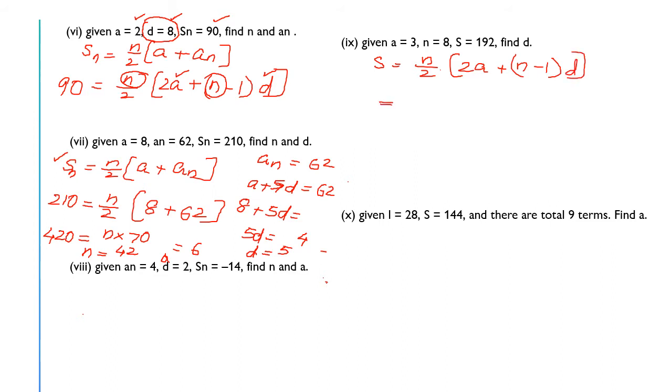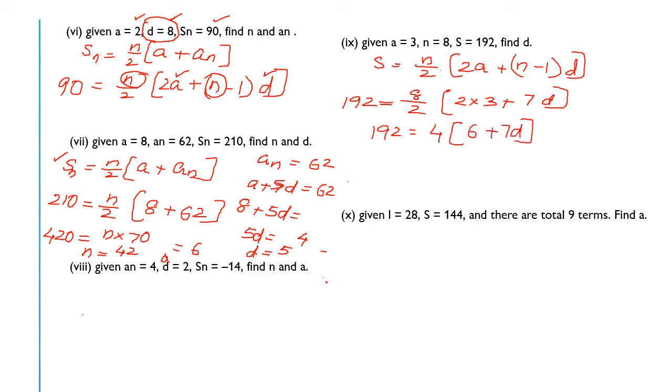This is a direct one, unlike the eighth one. What do you get? N equal to 8 by 2 into 2 into 3 plus n minus 1, that is 8 minus 1, 7d. You got all the values. S value is given as 192. So you get 192 equal to 4 into 6 plus 7d.